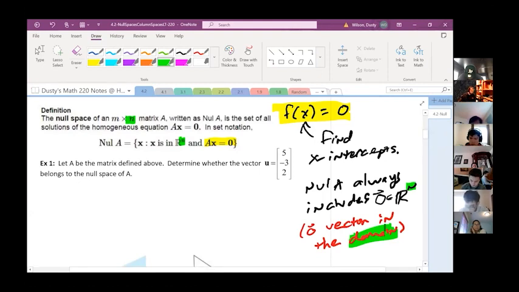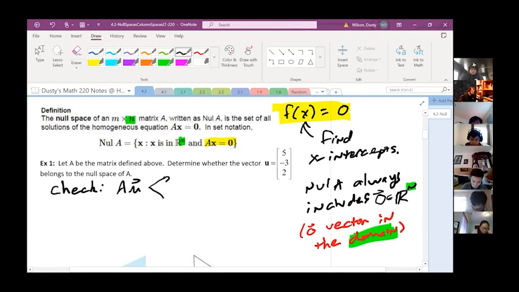In example 1, let A be the matrix above, 5, 21, 19, 13, 23, 2, 8, 14, 1. I want to determine whether the vector u equal to 5, negative 3, 2 belongs to the null space. To determine whether u is in the null space, I'm going to check by finding A times u.